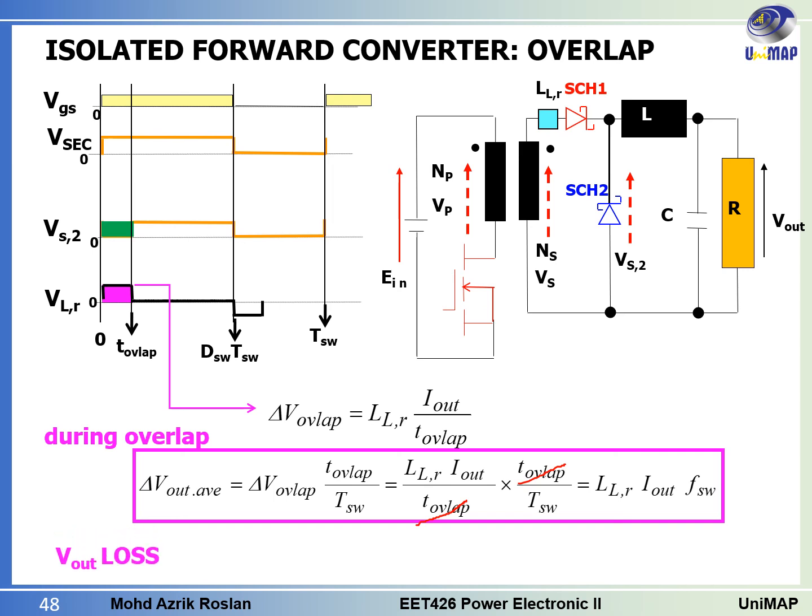You can see that the losses that occur here are non-efficiency related voltage losses. The losses occur because the voltage becomes 0 at this point, due to the effect when both rectifiers are on at the same time.